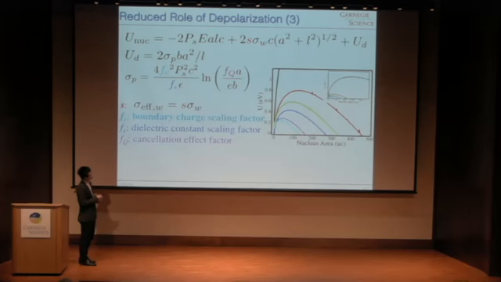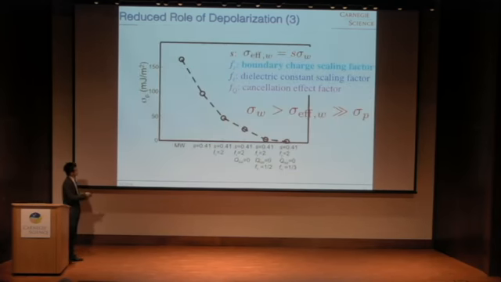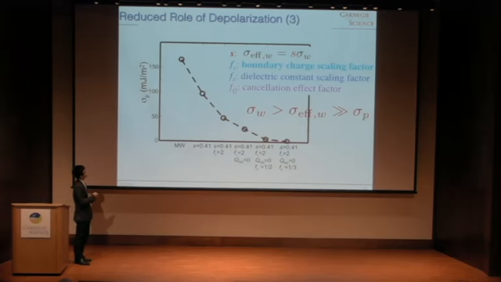We can calculate the nucleation energy as a function of nucleus area. The black line is the Weiner model. As you can see, it has a very large critical nucleus and very high barrier. But after using the correct boundary condition, it significantly reduced the size of the critical nucleus. If you look at the depolarization energy of the critical nucleus, it becomes much, much smaller than the effective domain energy.